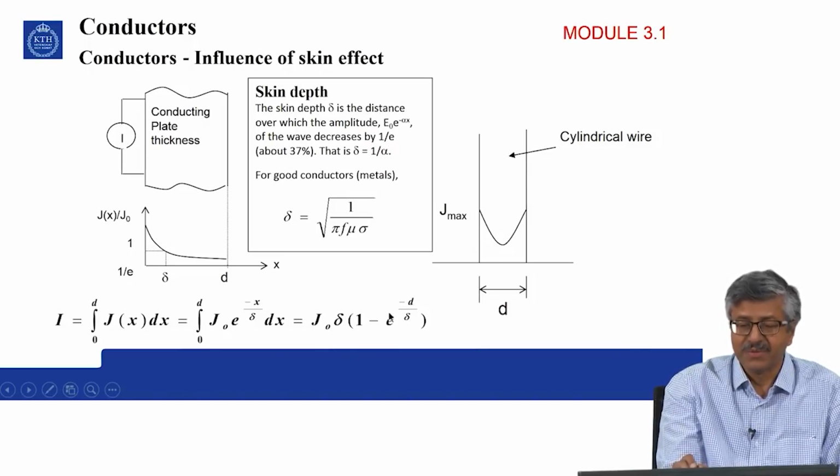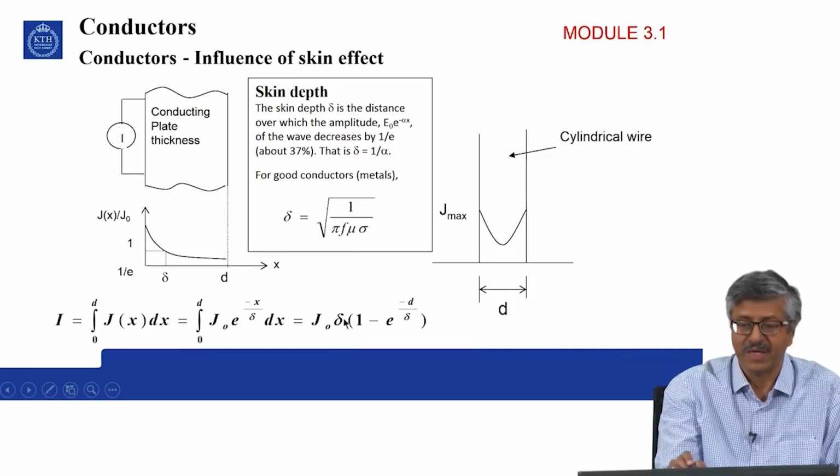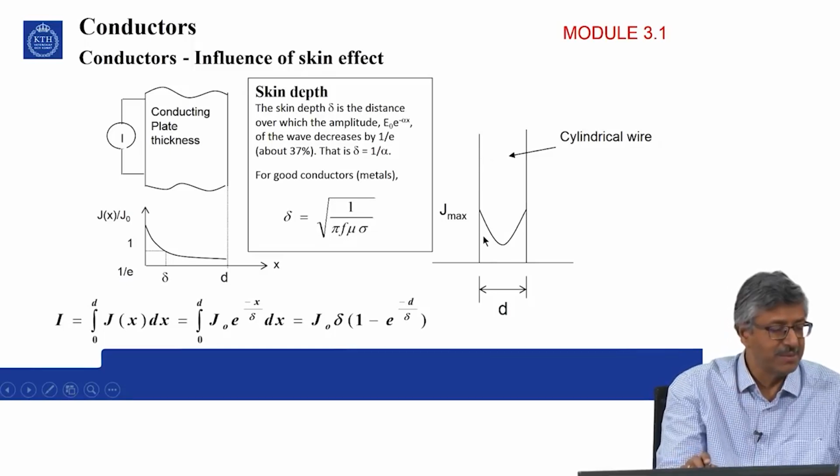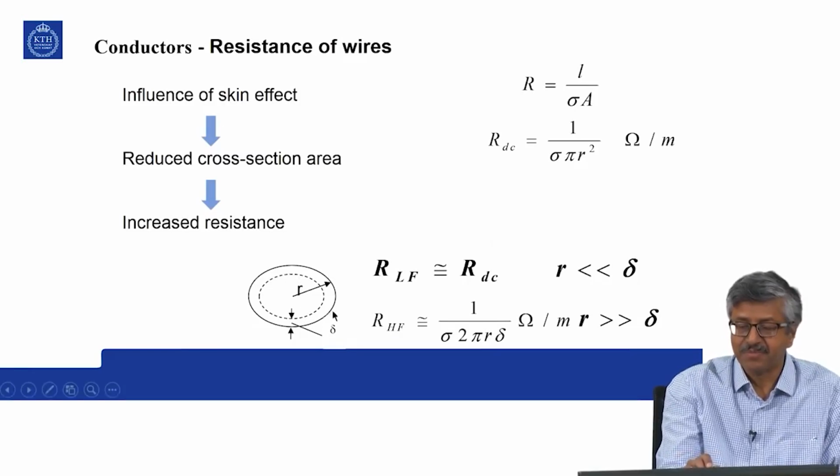So, this term becomes almost negligible, and almost all the current is confined to the surface. J0 delta times 1 will become the total current. So, the current is confined to 1 skin depth deep. So, that is what we see over here.